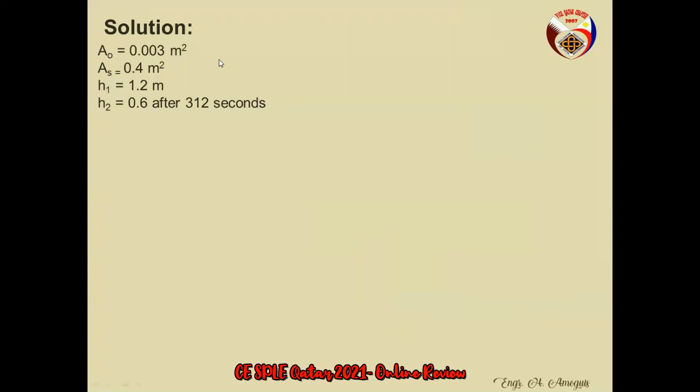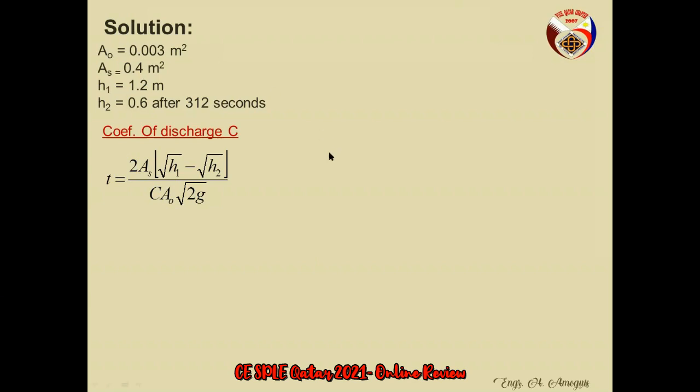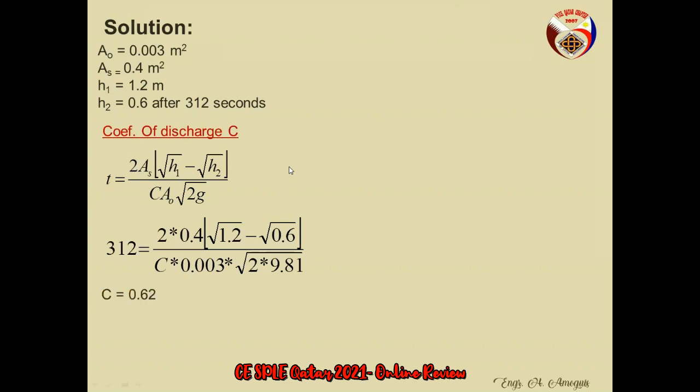H1 and H2 given, so this is just direct substitution. Ito mga bonus sa board exam. Time is given, 312 seconds, area of orifice given, g is 9.81, if that is all in meters. So we can solve coefficient of discharge, and that's 0.62.